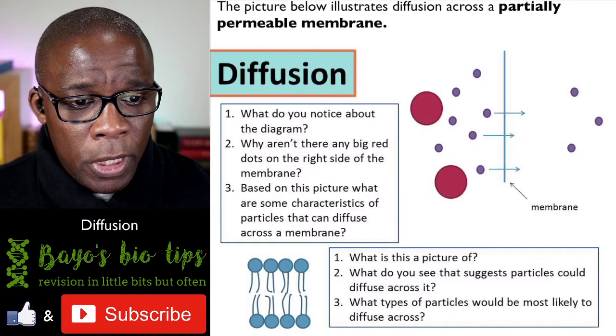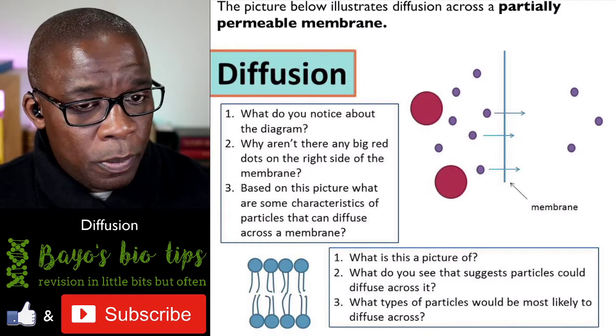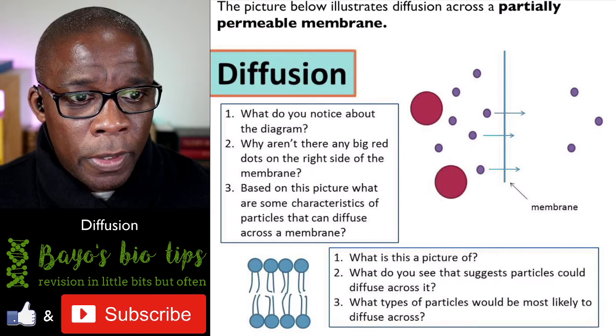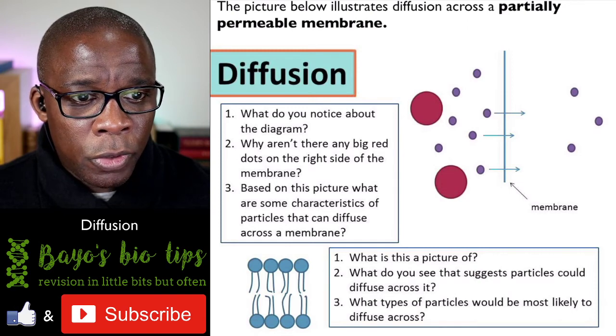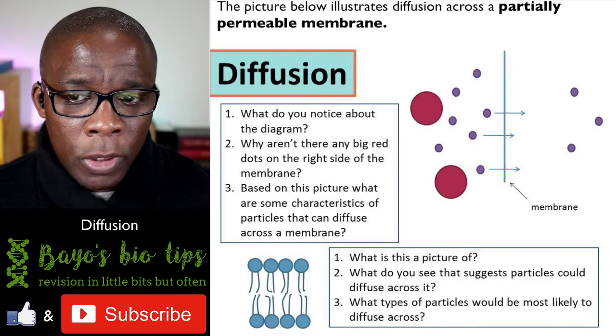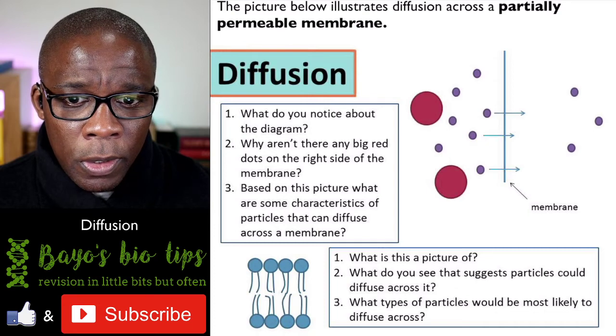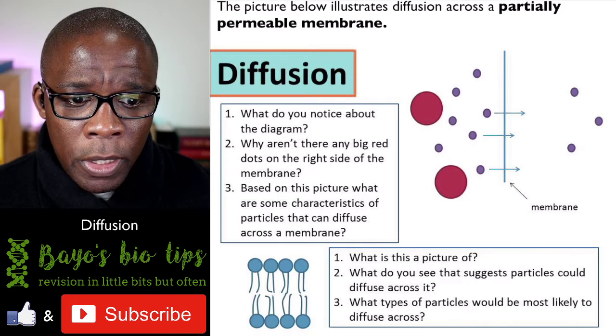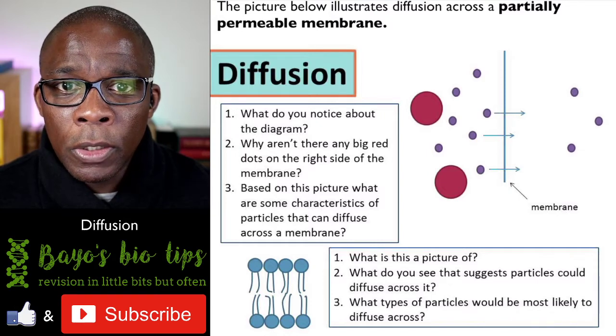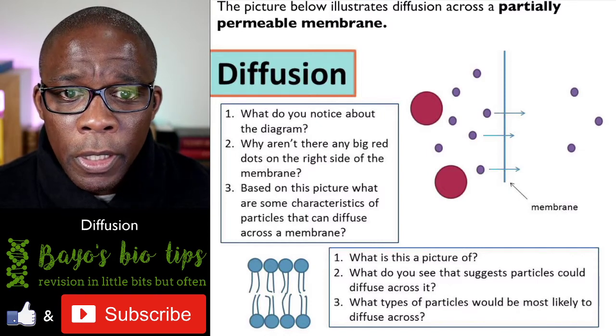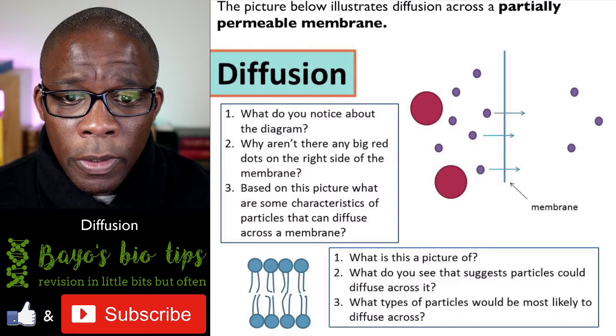So you can see in this picture that there is a membrane between two sides, and there are two types of particles involved, small purple ones and large red ones. There are some questions within the picture which I would like us to answer right now. So have a quick look and a quick think about it.